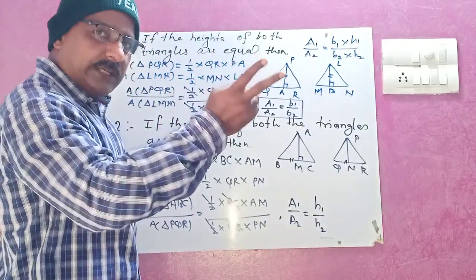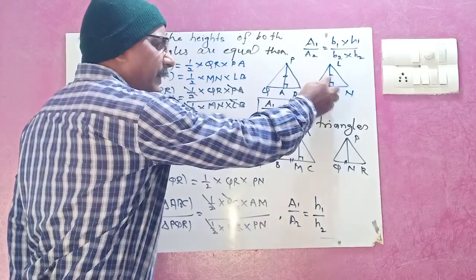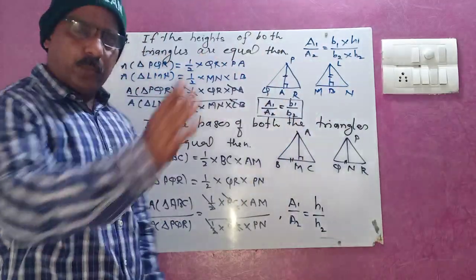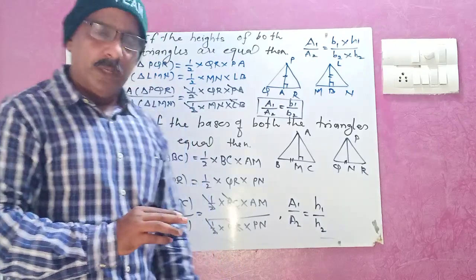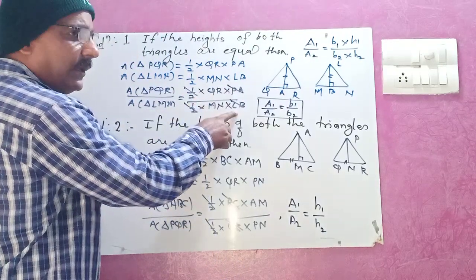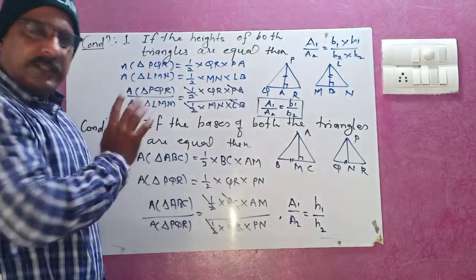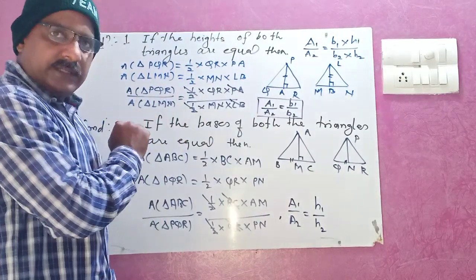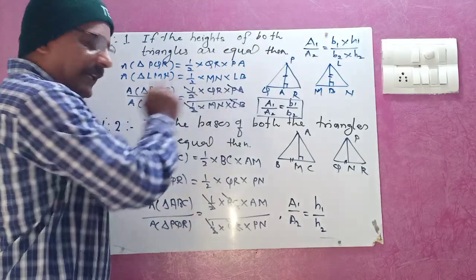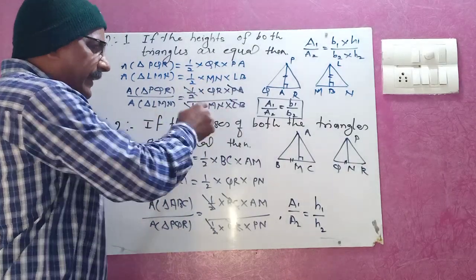Now, suppose we have two triangles. In both the triangles, the height as well as the base are equal. Then what will happen here children? This half gets cancelled. Base equal, it gets cancelled. Height equal, it gets cancelled.